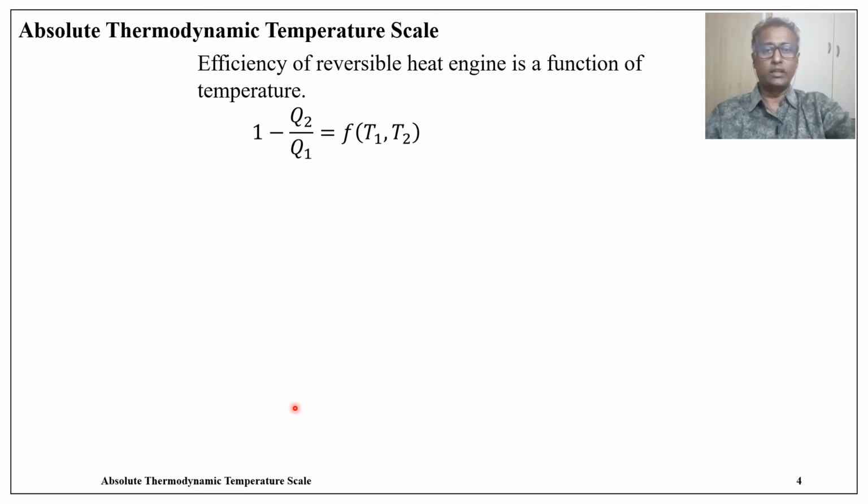T1 and T2 are the source and sink temperatures. This can be written as Q1 by Q2 is equal to some other function, capital F, of T1, T2. What is this function? We are trying to find out that function.